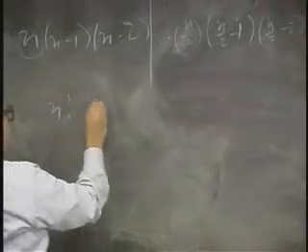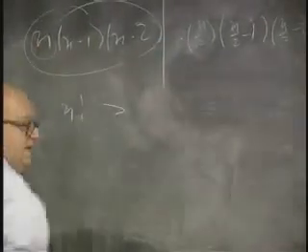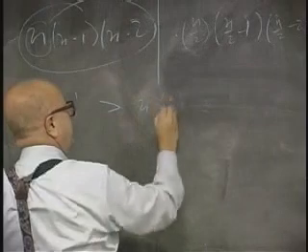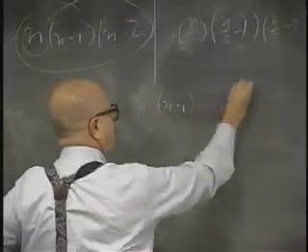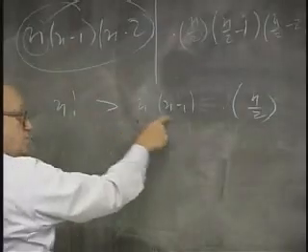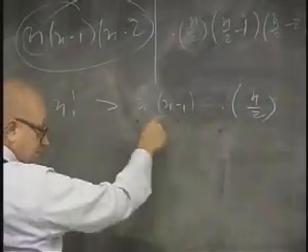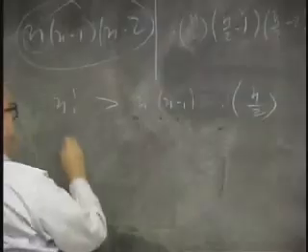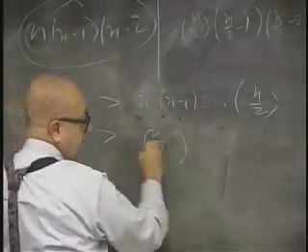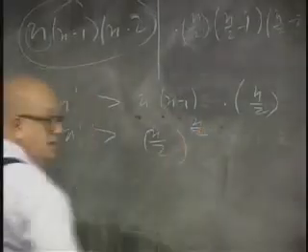Well, n factorial is going to be greater than the front half of the product, because we've cut off the rear tail and not only added more. It's going to be greater than n times n minus 1 all the way down to n over 2. And now I'm going to substitute n over 2 for each of these terms. Each of these terms is greater than or equal to n over 2. So n factorial is greater than n over 2, and there are n over 2 such terms.